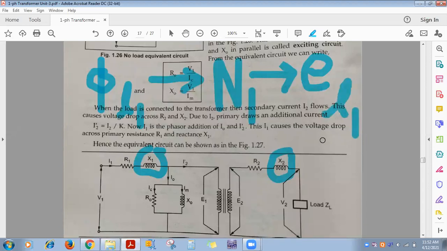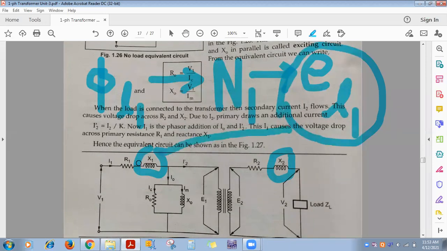So to consider the effect of this EMF on the primary winding, X1 is denoted. When current I1 flows through this X1, the voltage drop across it is EL1. Okay, got it? X1 on primary is to consider the effect of leakage flux on primary.